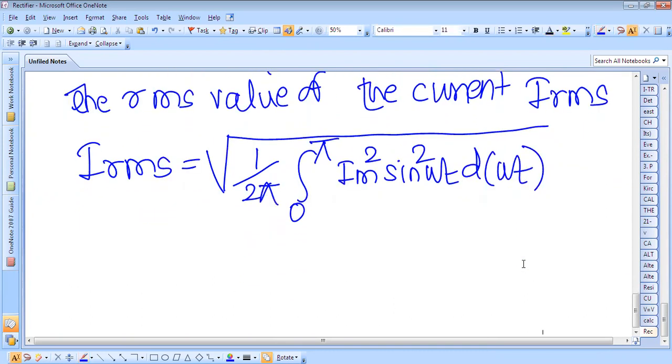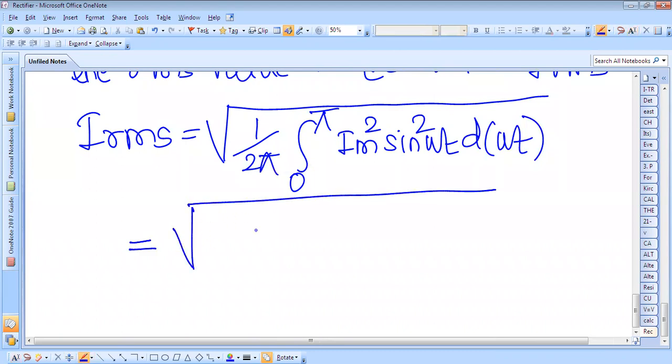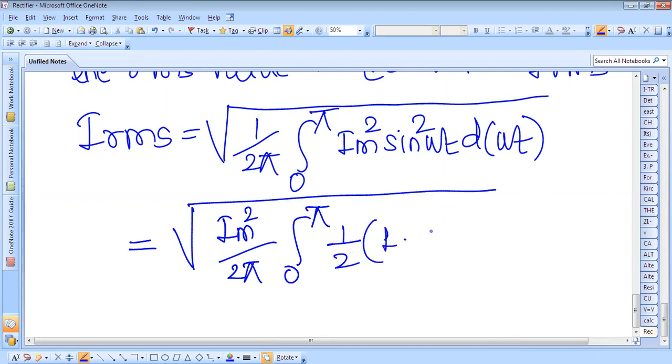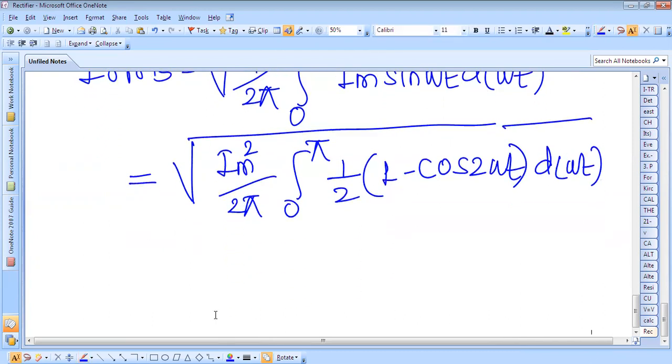We take Im square by 2 pi outside the integration, and inside the integration we substitute sine square omega t is equal to half into 1 minus cos 2 omega t, d omega t.